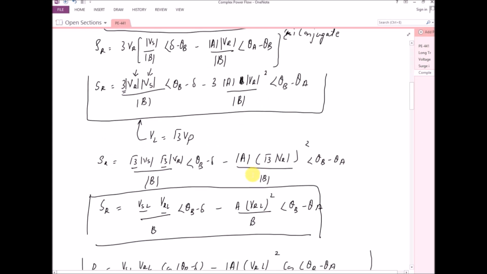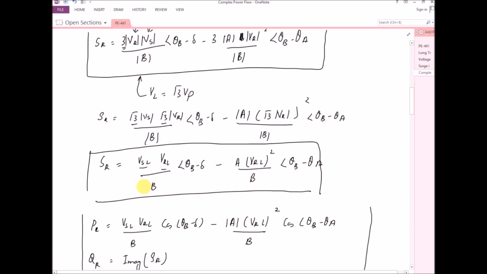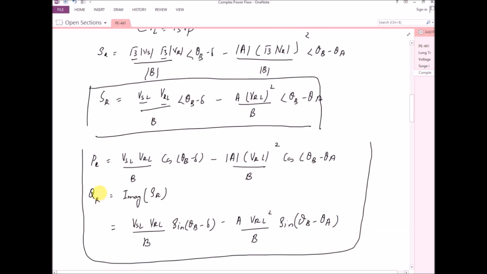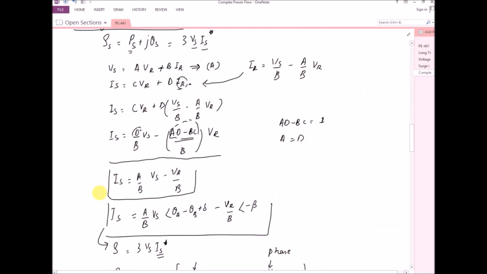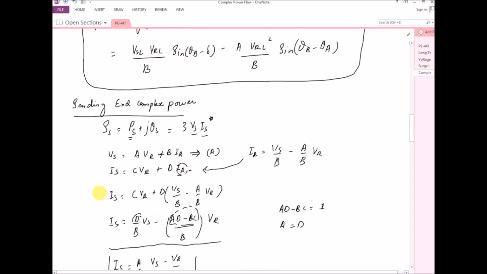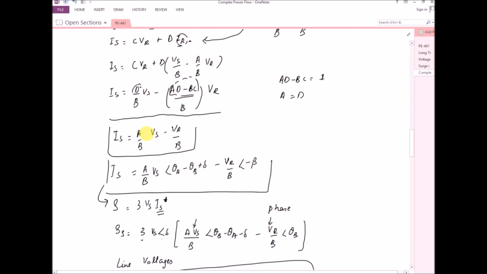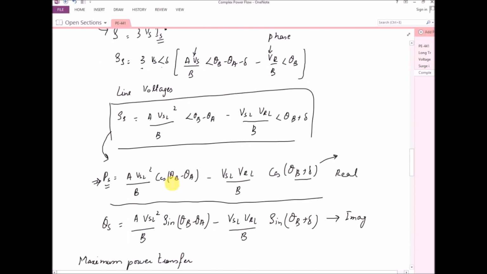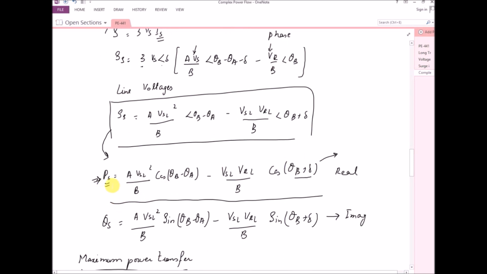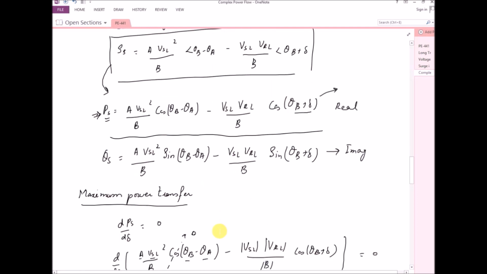From there, we calculated the generic expressions for the real and reactive power for the receiving end, as well as the sending end complex power. In that we also calculated the real and reactive power for the sending end, which are generic equations that can be used for any of the transmission lines, medium, short or long.